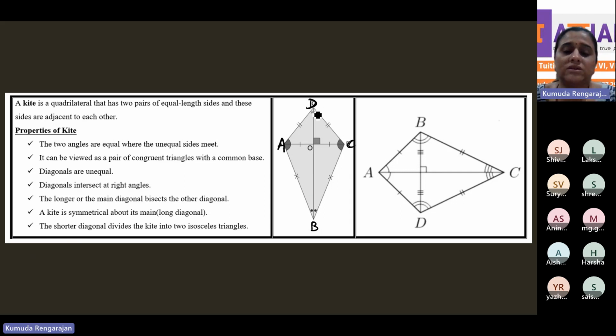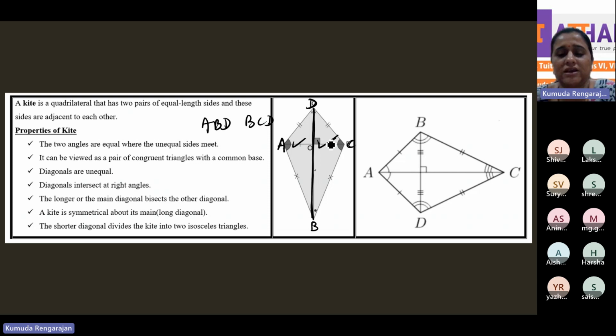So when you consider the two triangles along the longer diagonal BD, the two triangles with BD as a common side are ABD and BCD. These are the two triangles that share a common base BD.